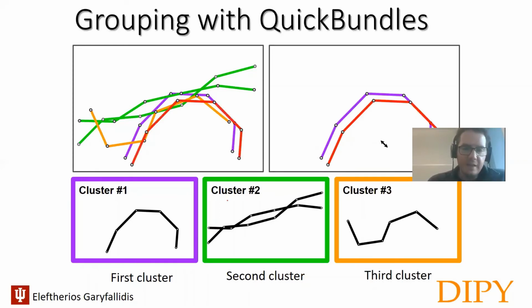And then the last streamline, we check it with cluster 1, with the centroid of cluster 2 and of cluster 3, and it's clear that it's very similar to the centroid of cluster 1.